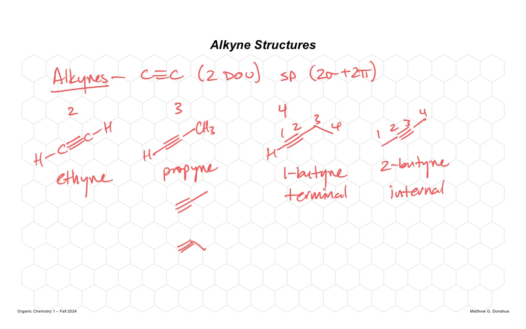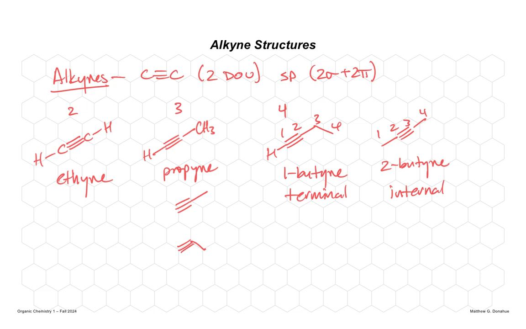So those are some nomenclature rules and descriptors of the class of alkynes. Any questions?